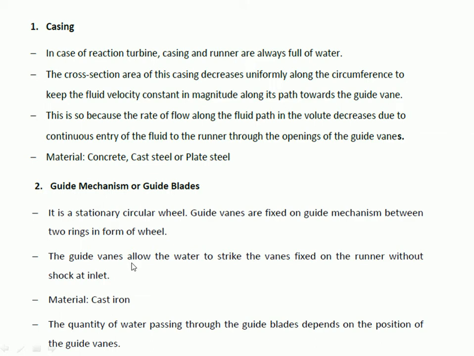The guide vanes allow the water to strike the vanes fixed on the runner without shock at inlet. The function of the guide vane is to allow the water to strike the vane fixed on the runner without any shock at the inlet. This is important. The material for the guide blade is cast iron. The quantity of water passing through the guide blade depends on the position of the guide vanes.